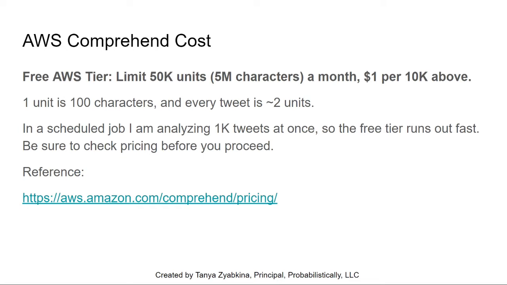That eats up into your limit pretty quickly. Once you've reached your limit, it's $1 per 10,000 units. Go to this link and check the most up-to-date pricing on Amazon Comprehend, because Amazon has changed that in the past or has clarified the explanation quite a bit, so it may be completely different. So make sure you do that.